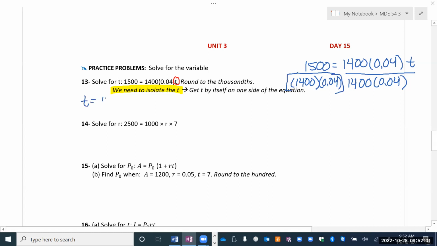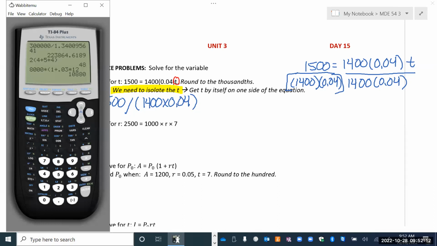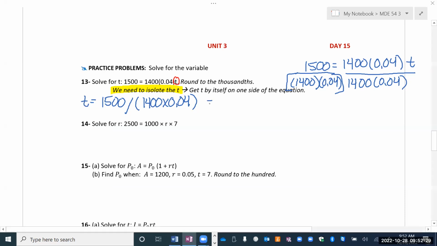So I'm going to type in there 1,500 divided by parenthesis 1,400 times 0.04. Okay, make sure you're typing it right. It's going to be 1,500 divided by parenthesis 1,400 times 0.04. Desmos is going to work the same. Your TI-30S is going to work the same as well. All of these should let you do a direct typing like that. You do not need the graphing calculator to do that.